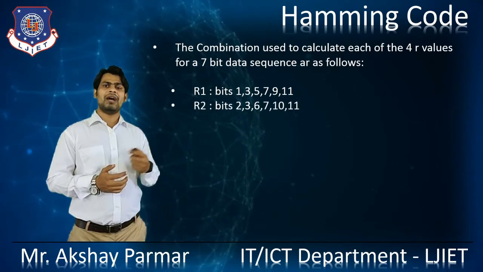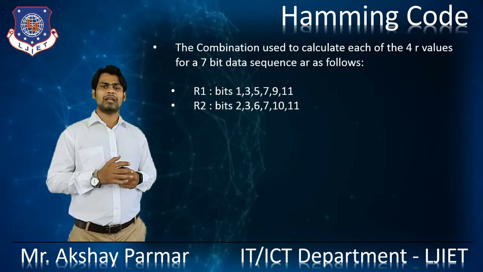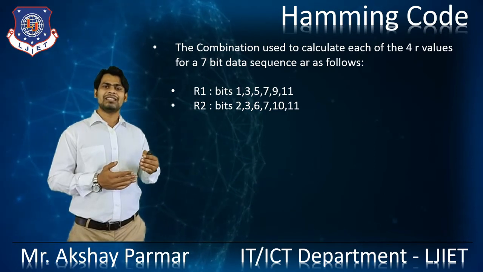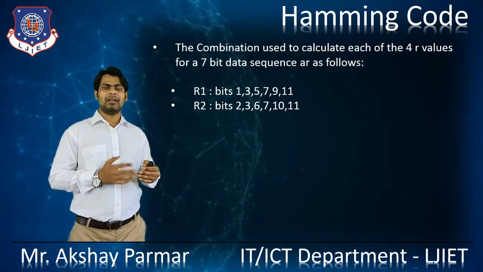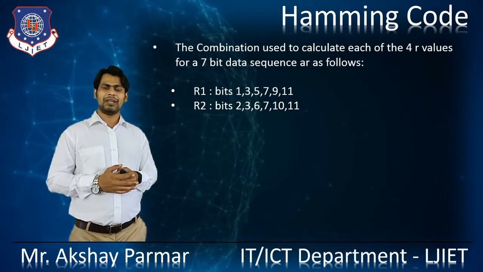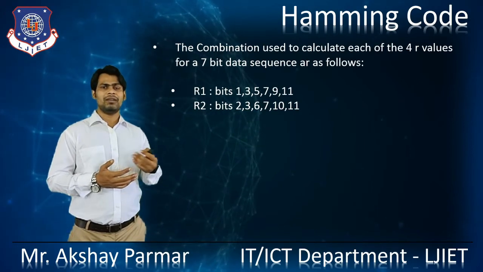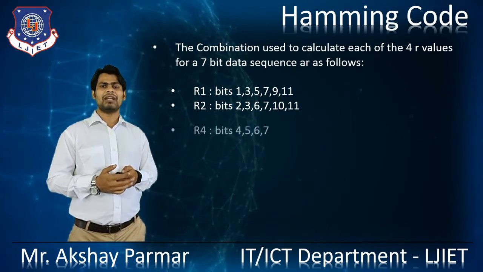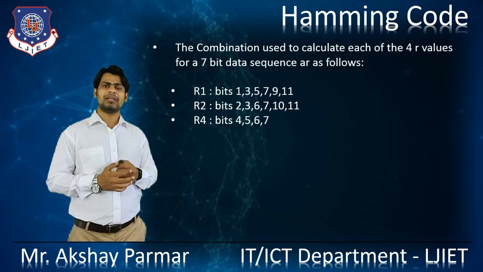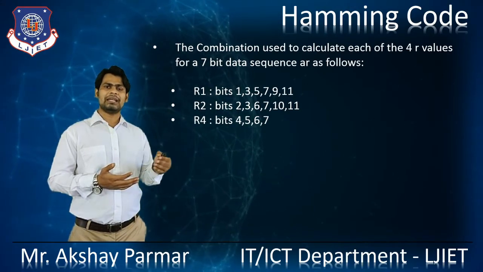After that, for the R2 bit, we select the data bits at positions 2, 3, 6, 7, 10 and 11 and apply the parity checking there, right? If it satisfies the parity system, we put 0 or 1 respectively. After that, at the R4 position, we select the bit positions 4, 5, 6 and 7.